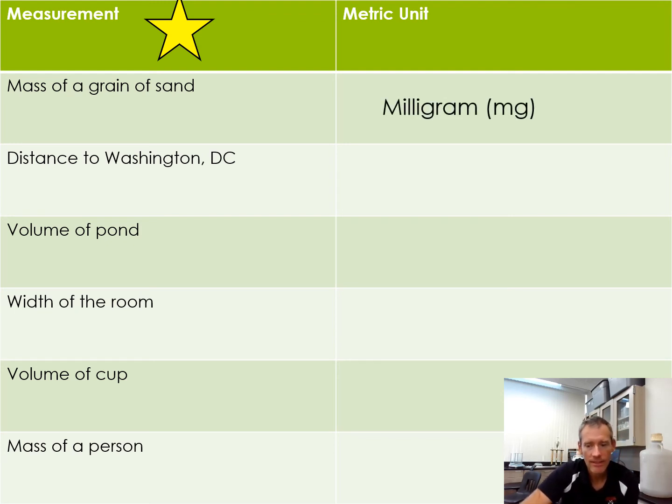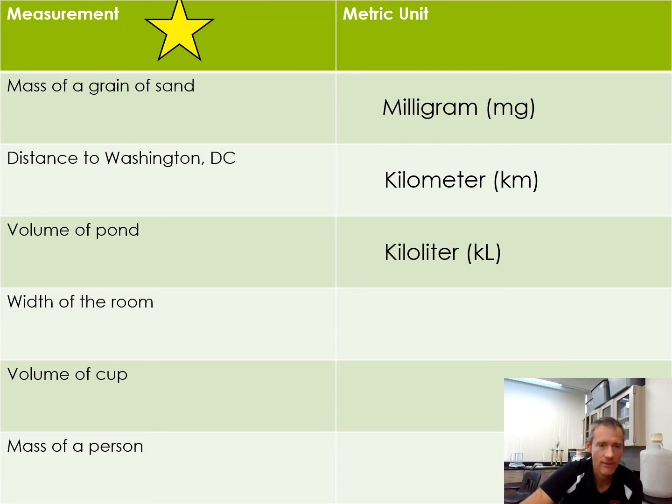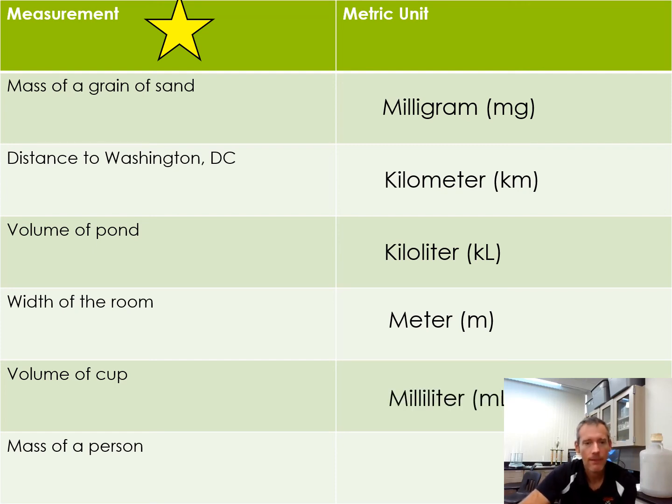Distance to Washington, D.C. from Florida, kilometer. Volume of a pond, kiloliter. Width of the room, so any room you want, basically it should be in meters unless you live in a gigantic house and you have to use kilometers. Volume of a cup, milliliters, and the mass of a person should be in kilograms.